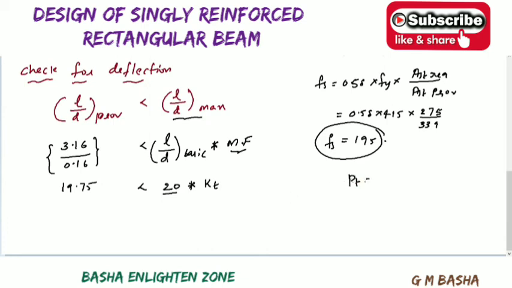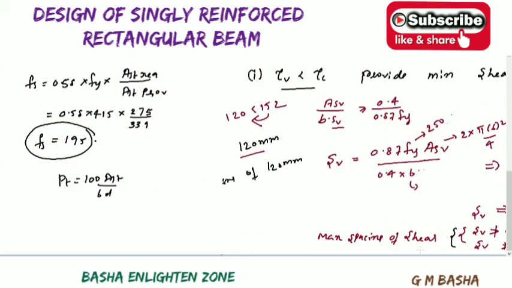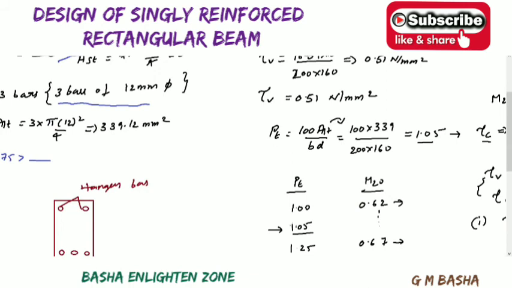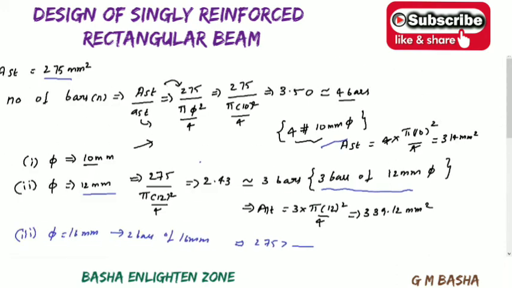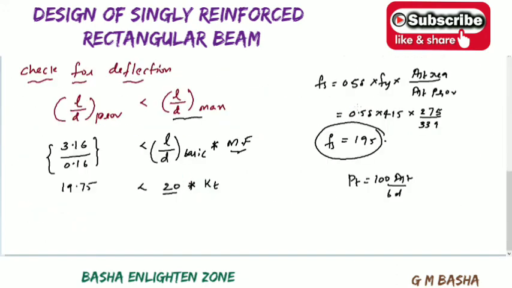That is PT equal to 100 AST by BD, which we calculated while doing the shear design. I think we already found that PT value to be 1.05. So for that value we are going for the modification factor: Fs 195 and PT 1.05.